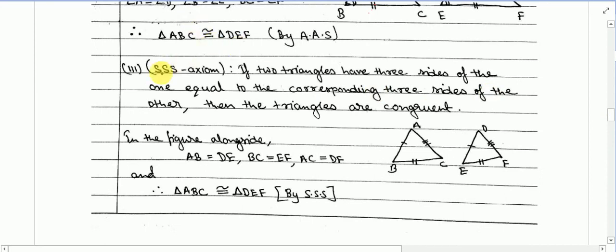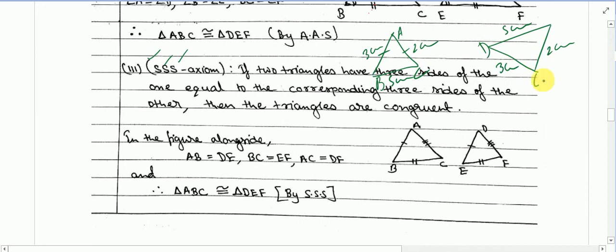Next we had discussed side side side. One triangle is there, ABC, with sides 2 centimeter, 3 centimeter, 5 centimeter. Here I have another one, DEF, with 2 centimeter, 5 centimeter, 3 centimeter. So we'll say that these two are congruent.